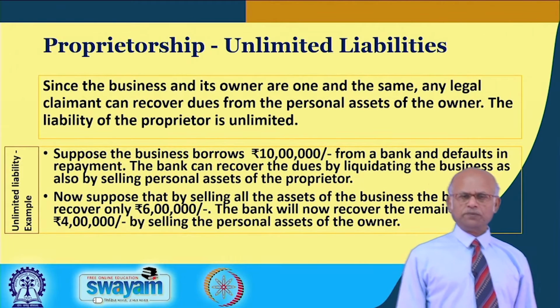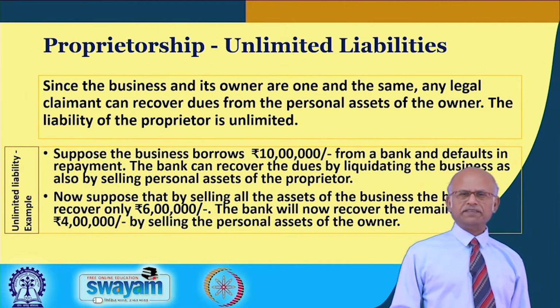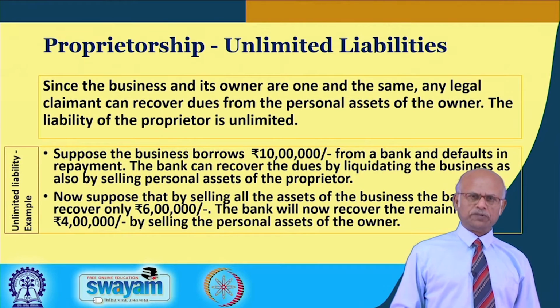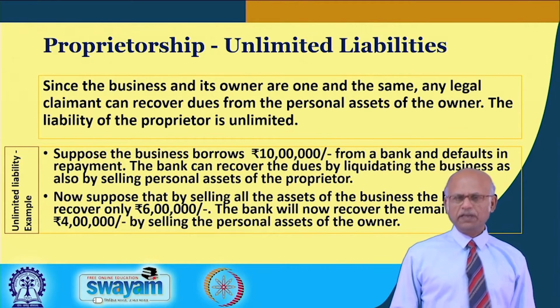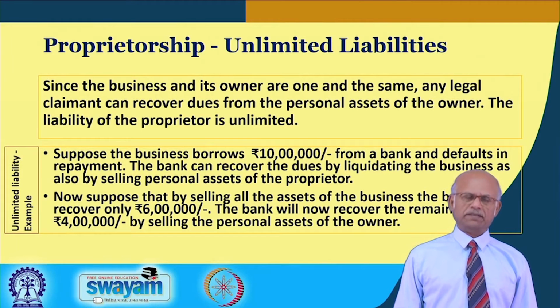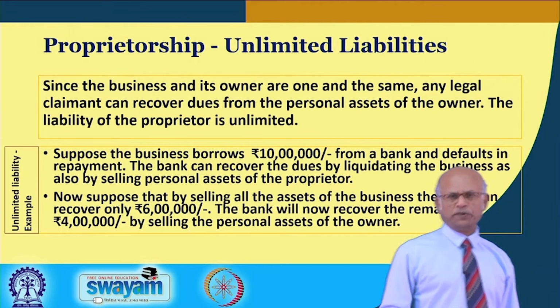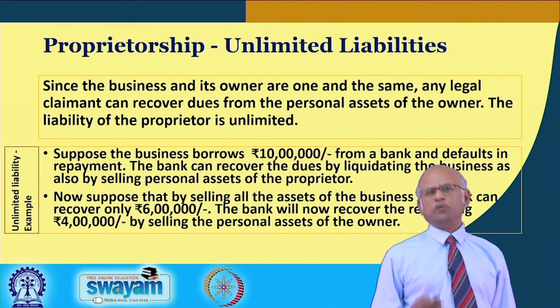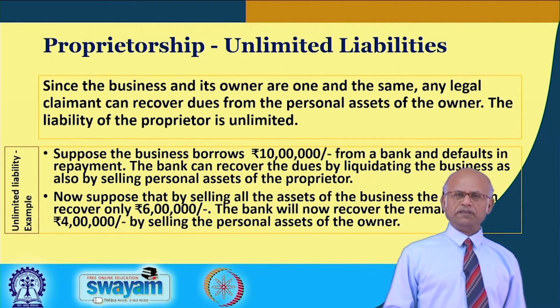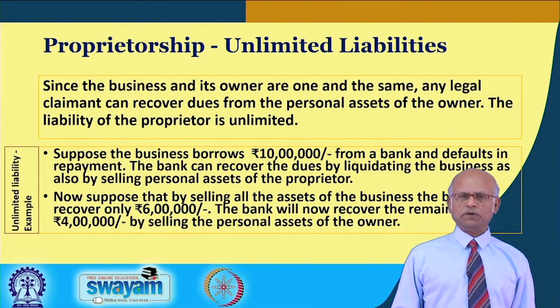Suppose the proprietor has property of only 2 lakh rupees. The bank will recover the 2 lakhs and has to forego the rest of the money. Or if the proprietor has a property of say 1 crore rupees, the bank will recover only 4 lakh rupees. The rest of the money will accrue to the founder or proprietor.